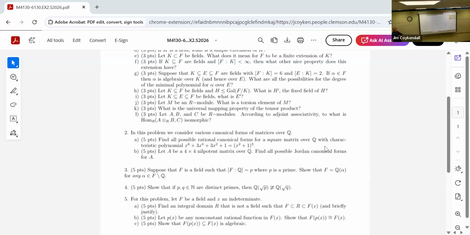Now, of course, it seems obvious, right? But suppose that you have radical P is A plus B radical Q. Well, there's something to prove, because if you square both sides, you get P is A squared plus Q B squared plus 2AB radical Q.